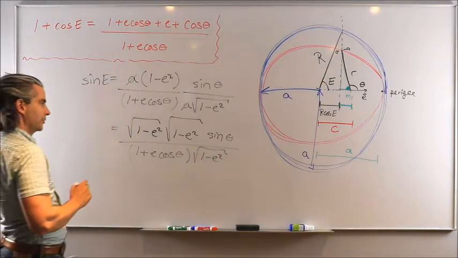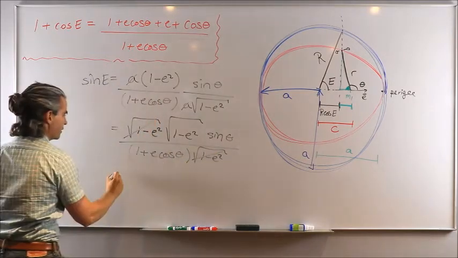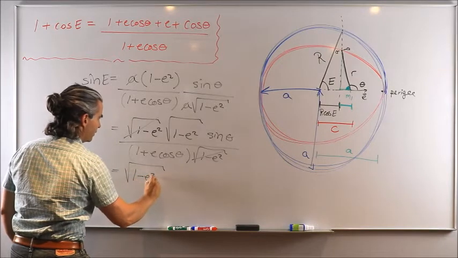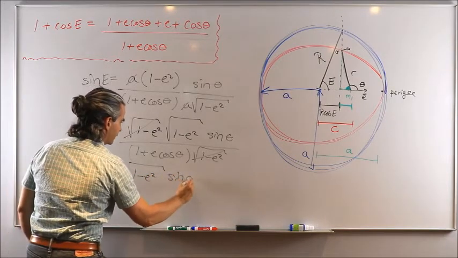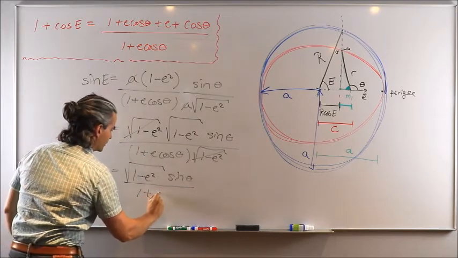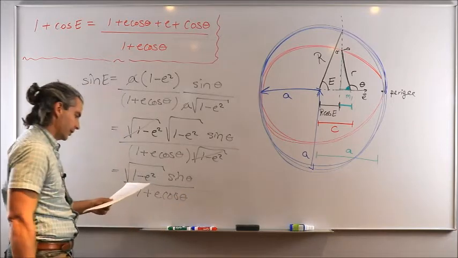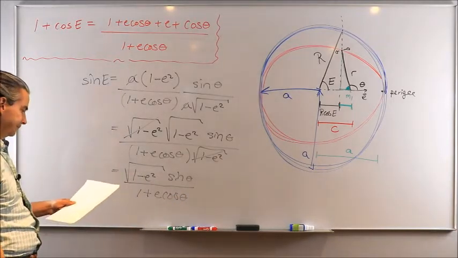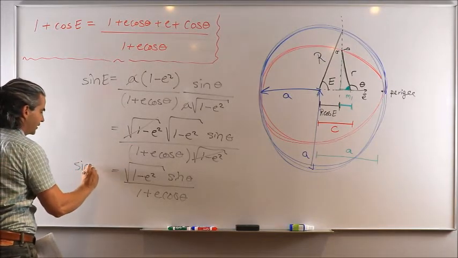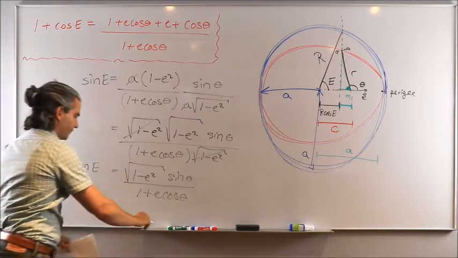Yeah, that's what I want to do, such that now I can cancel those two square roots together and just write that that would be square root of 1 minus e squared sine theta over 1 plus e cos of my true anomaly. Okay, so I'm gonna stop here for sine of eccentric anomaly. This is satisfactory for me.